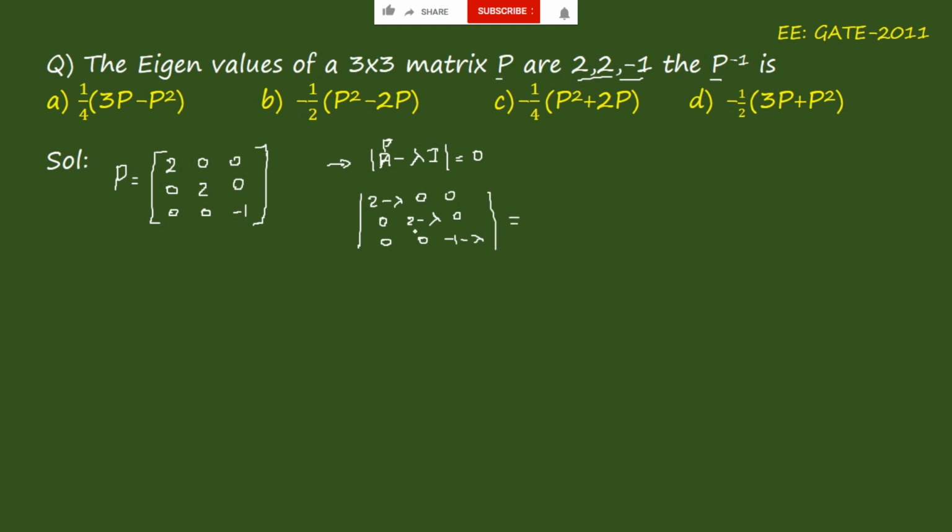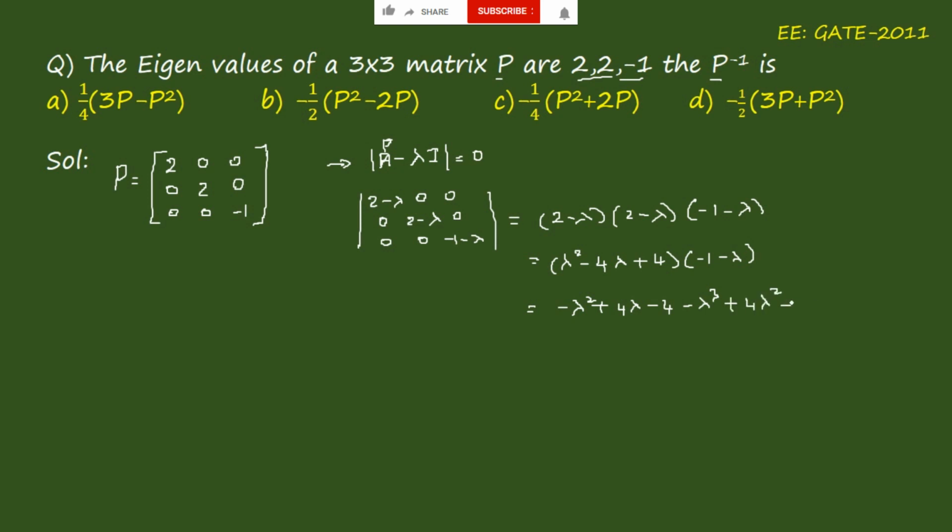Now in this particular case we have only diagonal elements. So the determinant is (2 minus lambda) into (2 minus lambda) into (minus 1 minus lambda), which becomes (lambda squared minus 4 lambda plus 4) into (minus 1 minus lambda), right? Which becomes minus lambda squared plus 4 lambda minus 4 minus lambda cubed plus 4 lambda squared minus 4 lambda.